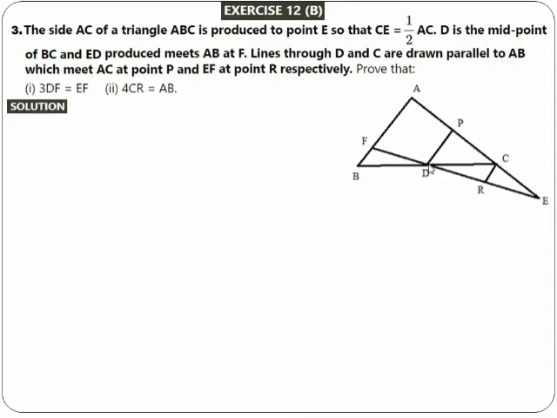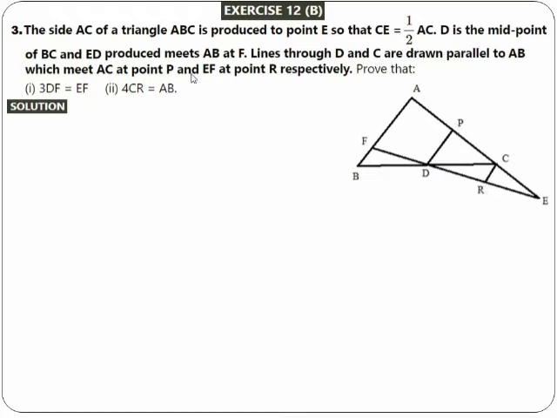So from D you have to draw a line parallel to AB, which meets AC at point P. And from C also you have to draw a line parallel to AB, and it meets EF, that is this line, at point R.